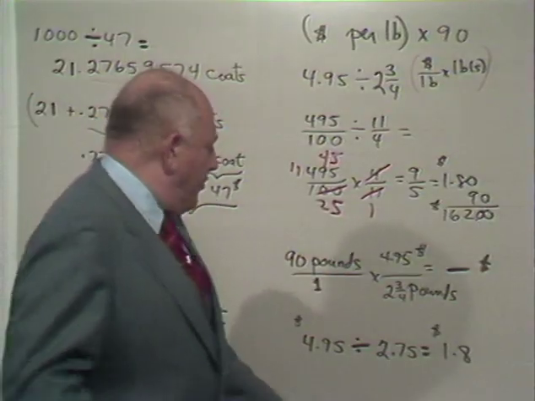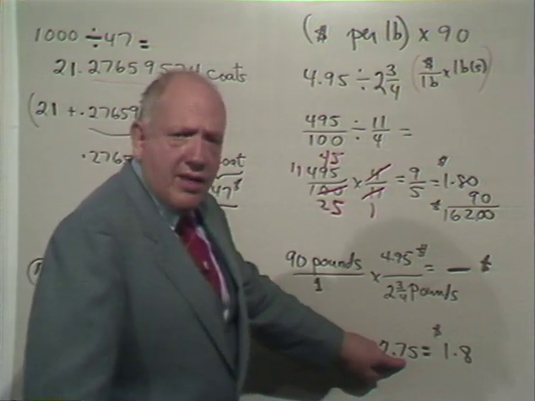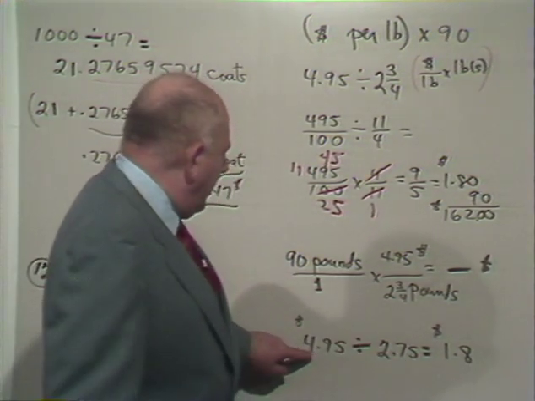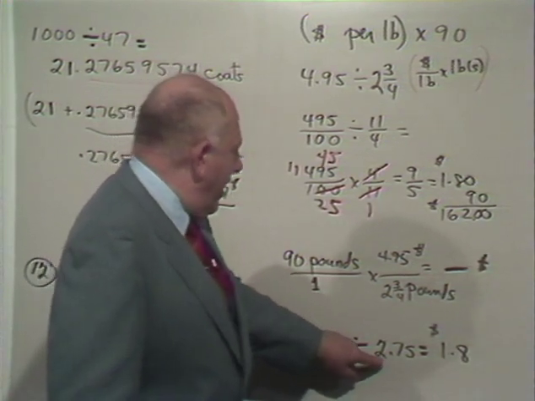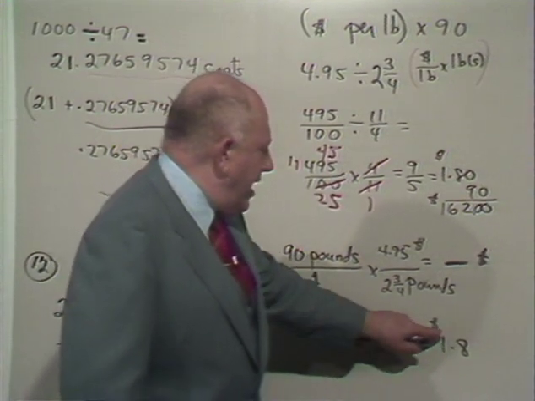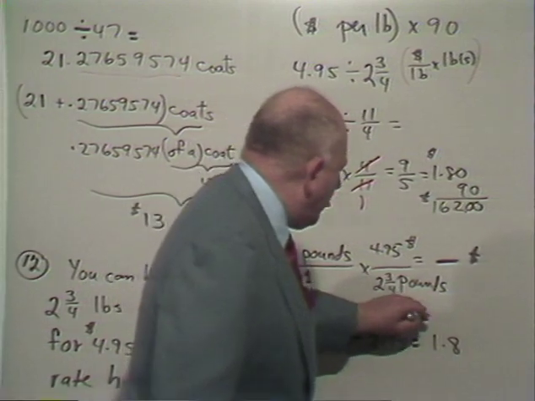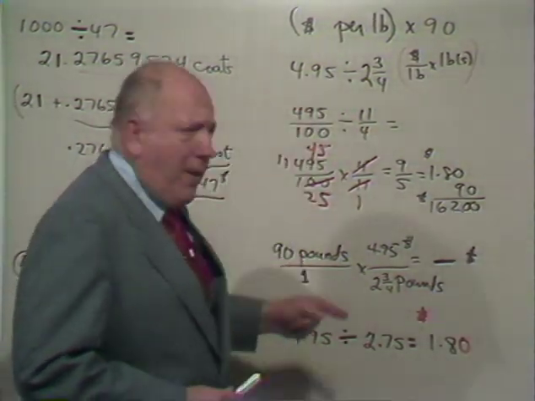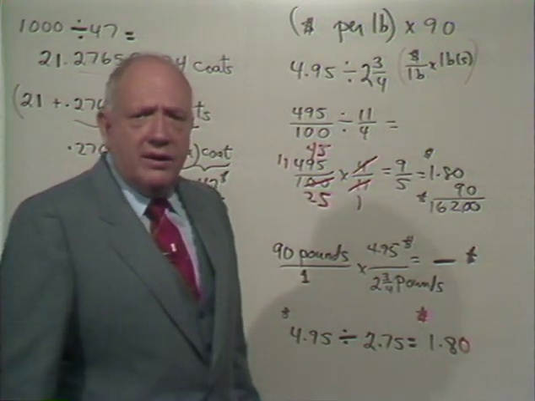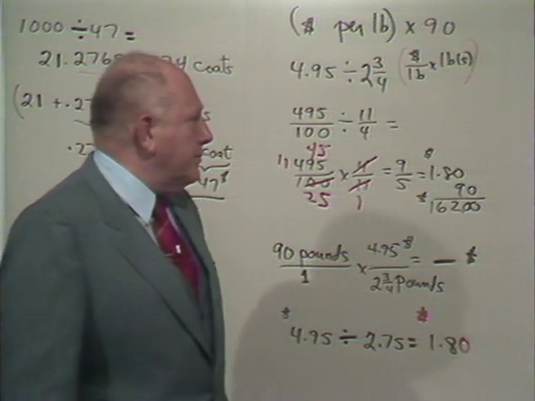But again, if you have a calculator, 2 3/4 pounds is 2.75 pounds. On the calculator, you enter 4.95, press the division symbol, enter 2.75, hit the equal sign, and what lights up is 1.8, and then you have to interpret that that was $1.80 per pound. And if you don't understand this part, what good is the calculator? Because you'll just get the wrong answer, as we'll see in other examples coming up.